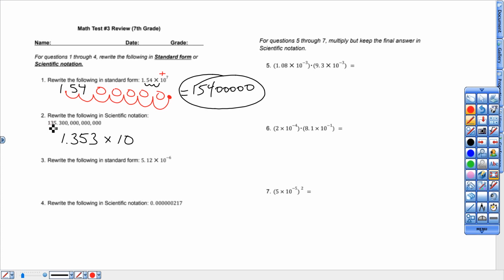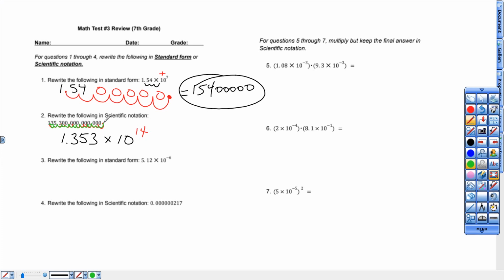Let's count them. 1, 2, 3, 4, 5, 6, 7, 8, 9, 10, 11, 12, 13, 14. It took 14 dip-de-doos, and you got to really be careful there. Let me double check that, because sometimes I'm doubting myself. 1, 2, 3, 4, 5, 6, 7, 8, 9, 10, 11, 12, 13, 14. Yep, it definitely took 14 moves. That's why it's 10 to the 14.